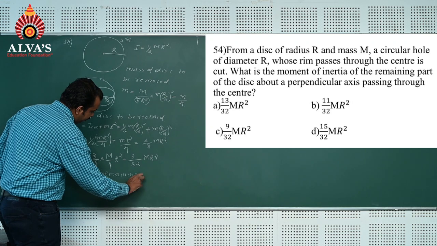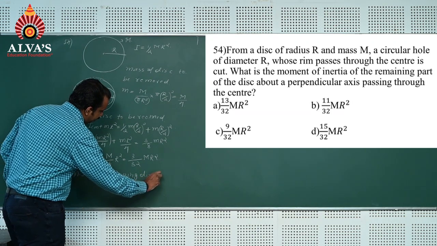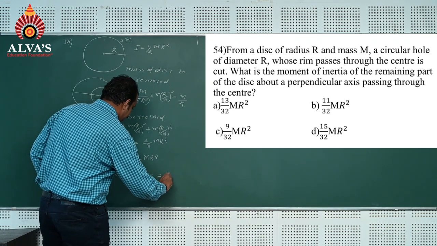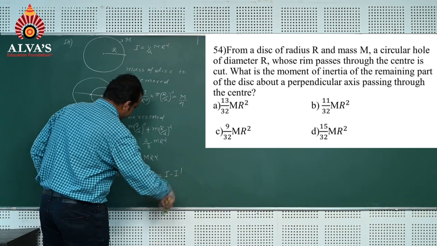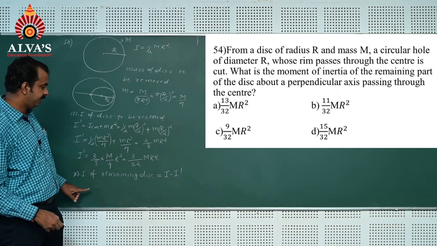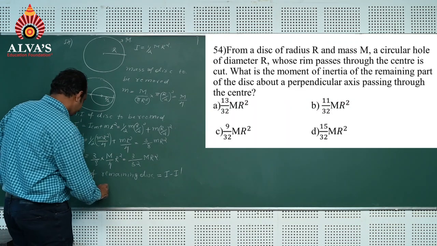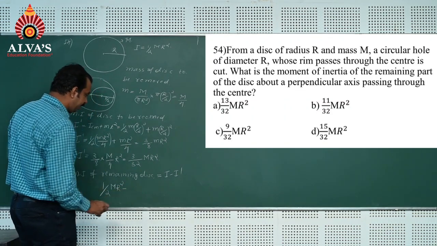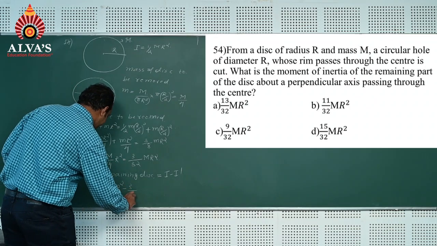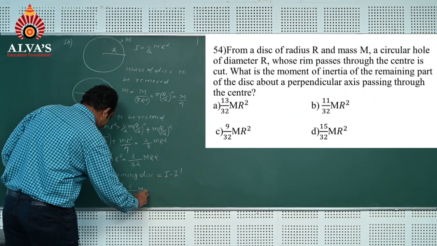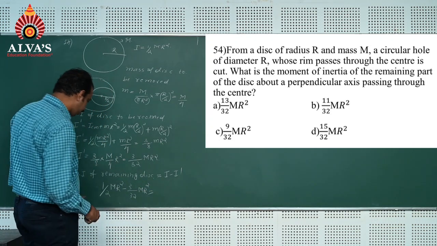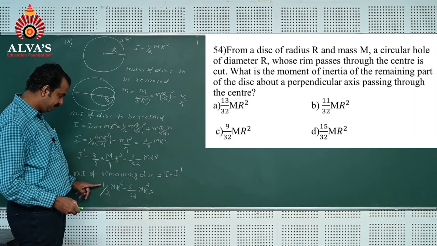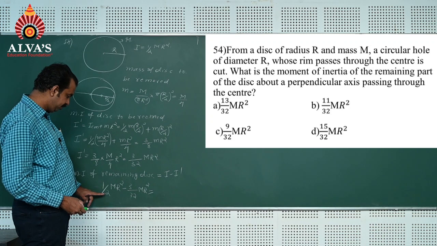Moment of inertia of remaining disk is equal to I minus I dash. I is half mr square. I dash is 3 by 32 mr square, which is equal to, so you multiply this and divide by 16.